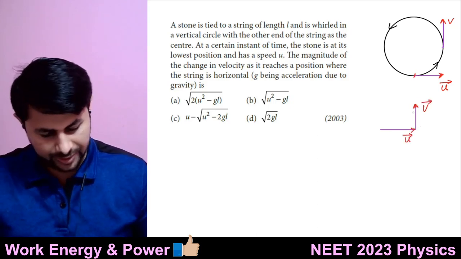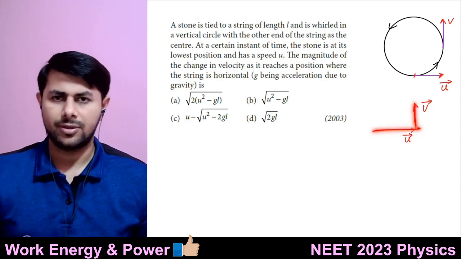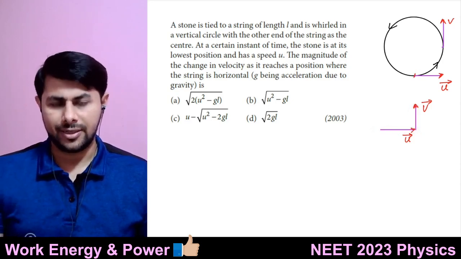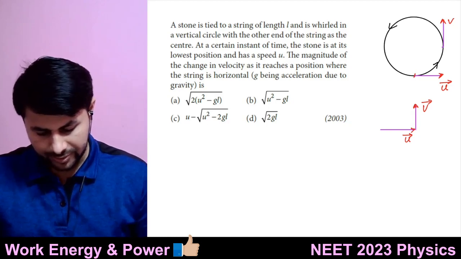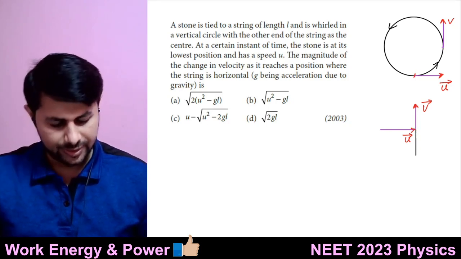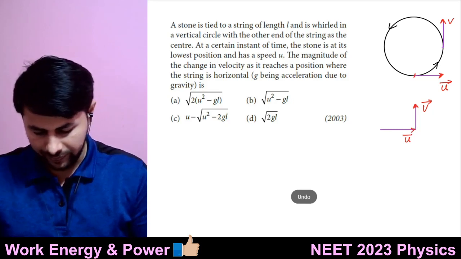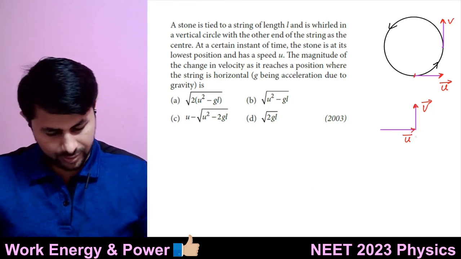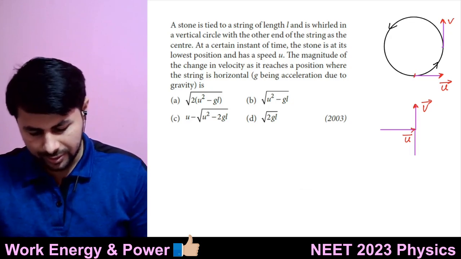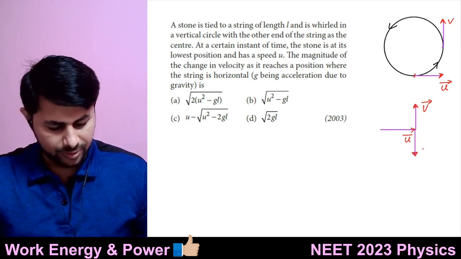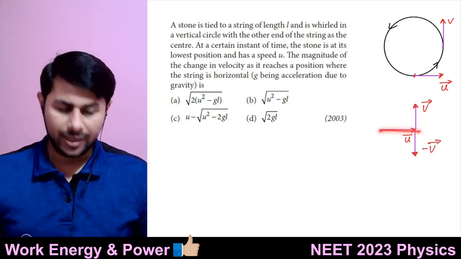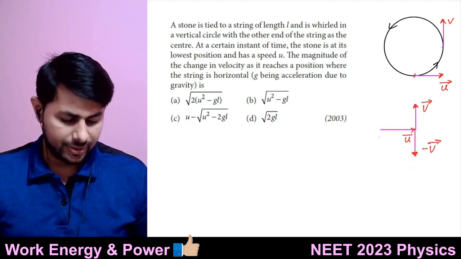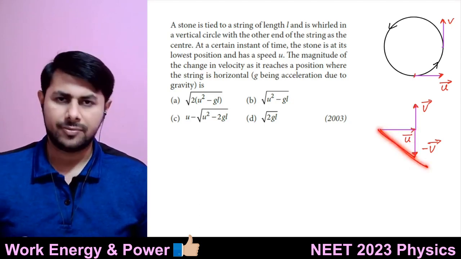So you can draw its negative vector, which will be directed like this, let's say. So this is minus v bar, and then you can add them. So u bar plus minus v bar will give you this vector.